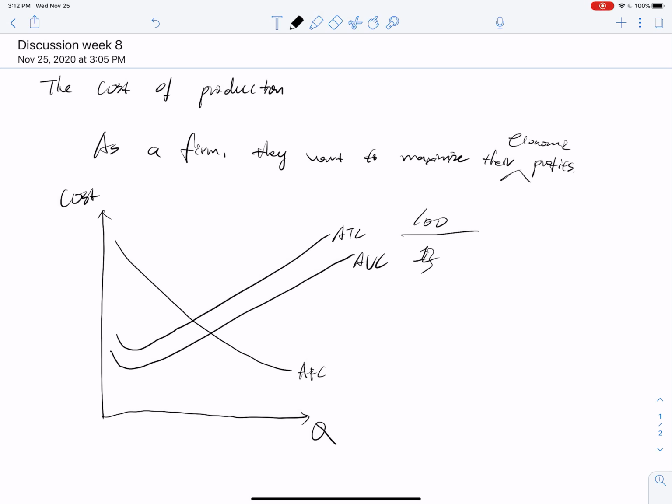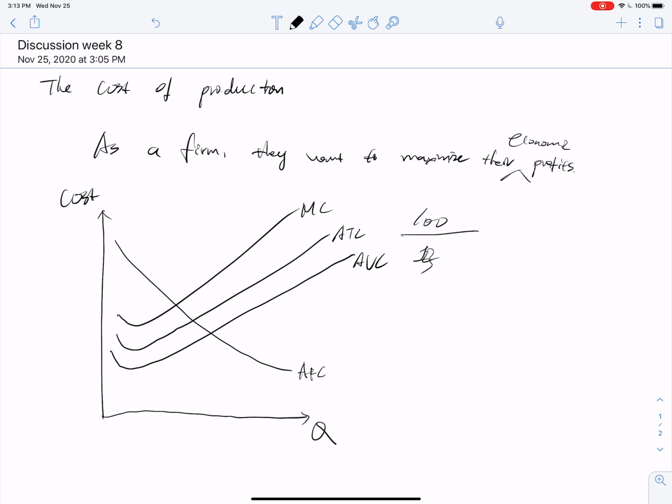And marginal cost, relatively similar as well, downward sloping at the beginning and upward sloping in the end. So this is how we draw all of the curves: average total cost, average variable cost, marginal cost, average fixed cost. So I think we have all of the cost curves here, and that's it.